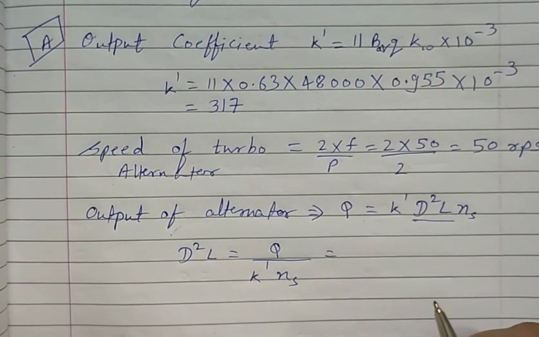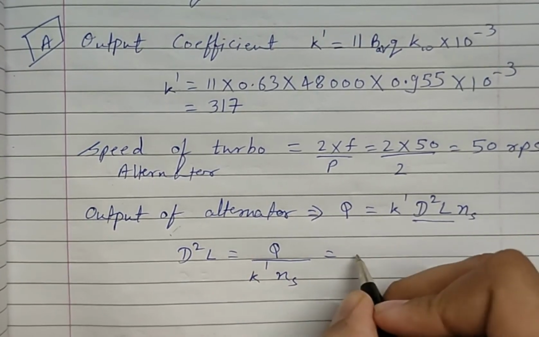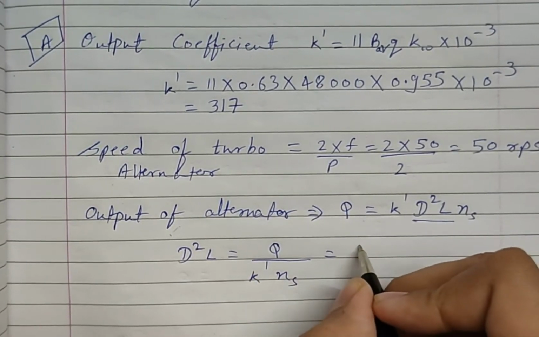Now simply substituting the values, the value of Q is given as 10 MVA.